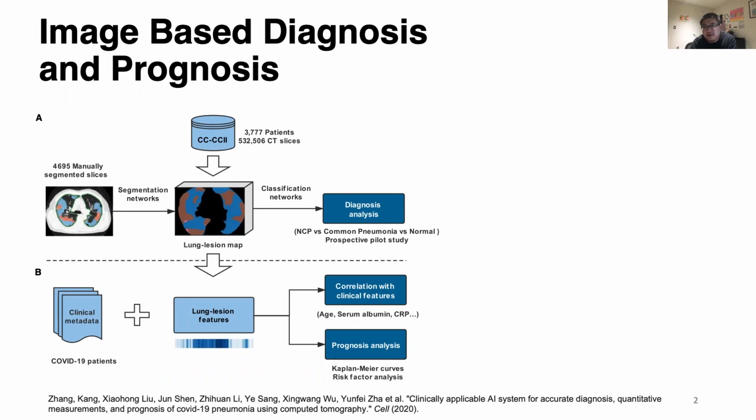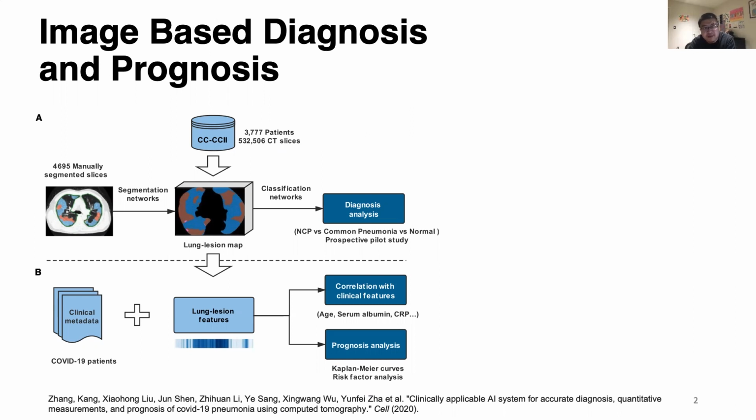The COVID-19 diagnosis system is composed of two models. One is the lung lesion segmentation model. The other is a diagnosis prediction model. And the authors proposed to first train a segmentation network with 4,700 manually segmented images from COVID-19 and common pneumonia patients, and then feed the result to the diagnosis classifier, which can further produce the probability of the corresponding patient belonging to one of the three classes: COVID-19, common pneumonia, and normal controls.